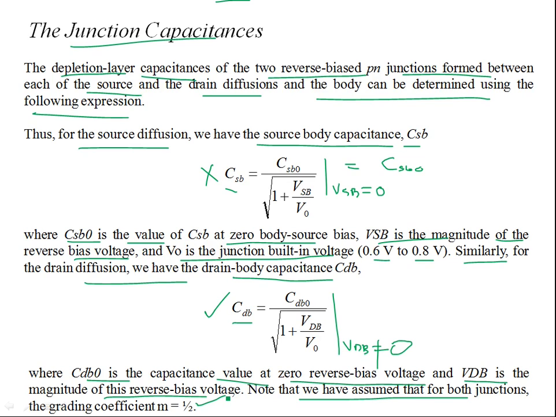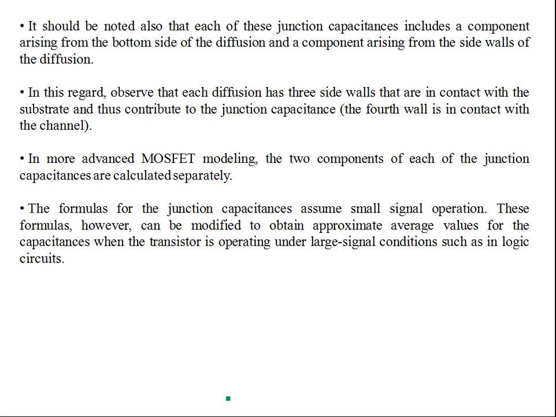Usually the grading coefficient measures the profile of semiconductor doping. For abrupt junction dopings, it's usually 0.5. For linear junctions, it's about 0.33, which is taken in simulations. Basically, it has to do with the doping profile of the junction.